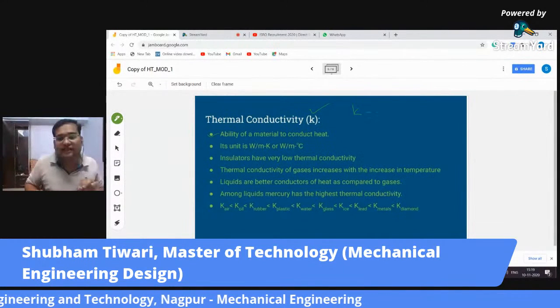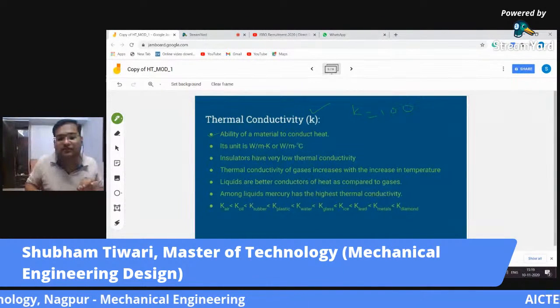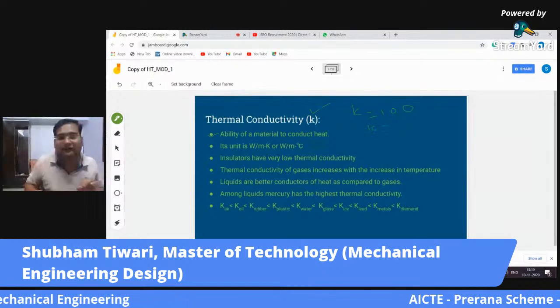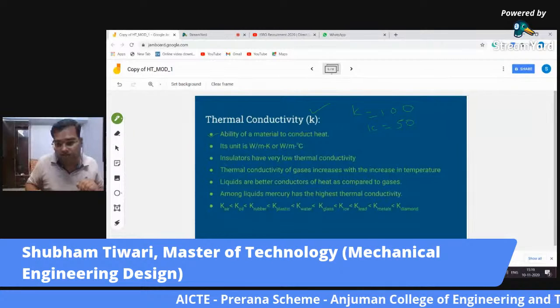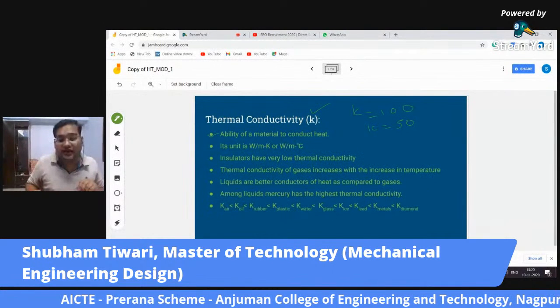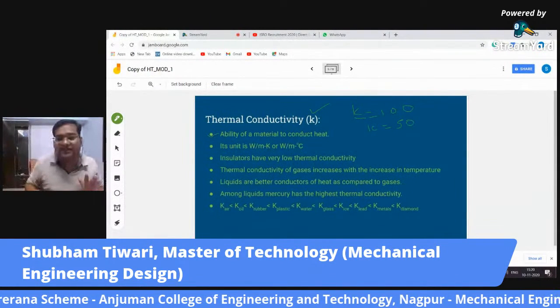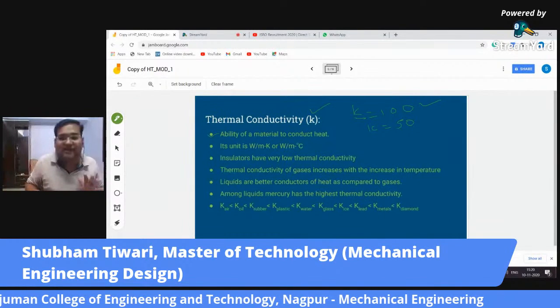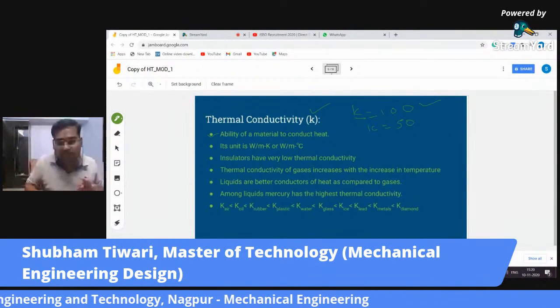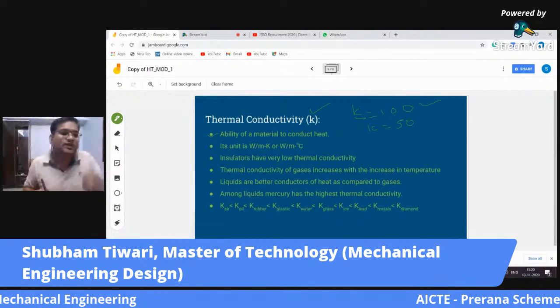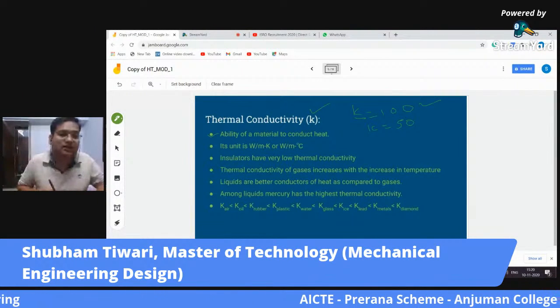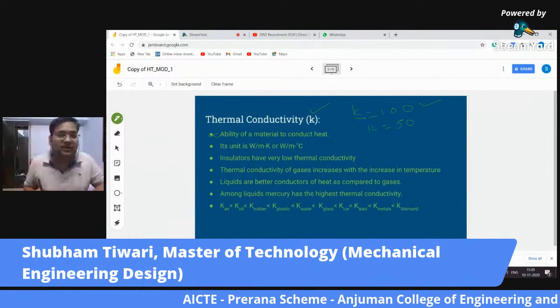Suppose we have a material which has a value of K equal to 100, and another material which has a value of K equal to 50. By looking at these values, and by knowing the definition of K, we can say that the first material is the better conductor. Why? Because K is the ability of that material to conduct heat.